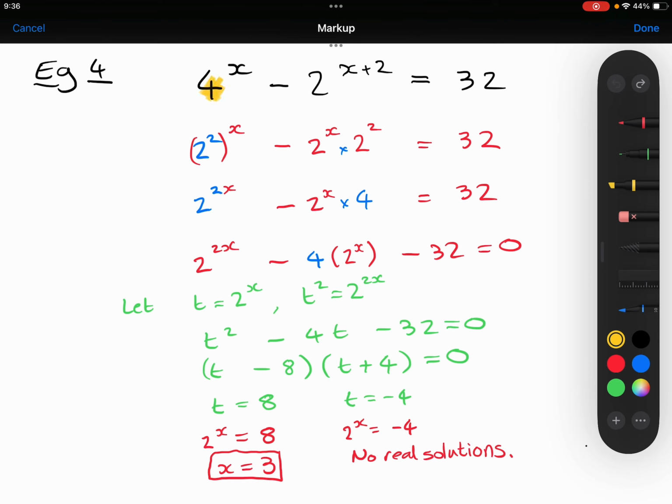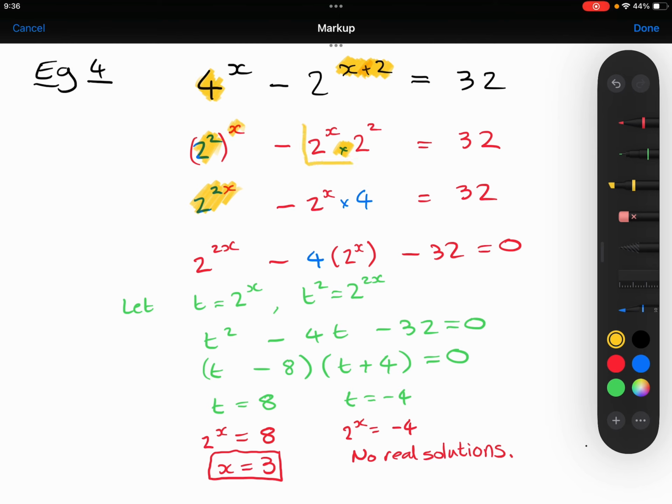I know that the 4 can be written as 2 squared, which then becomes, when I put that to a power x, 2 to the power 2x. I've got this plus 2 here as well. It's a bit unusual. Well, I know that if I've got 2 to the power of x plus 2, if the powers are being added, I can split that power up as long as I multiply the bases.